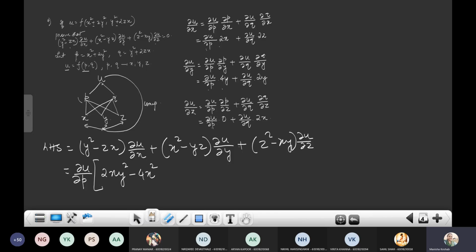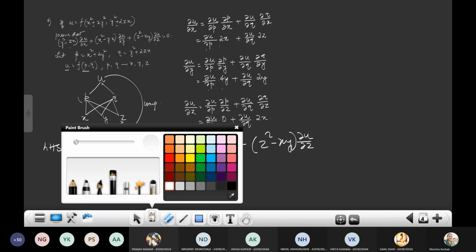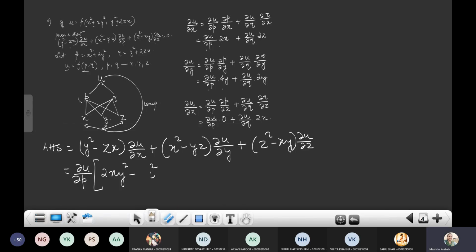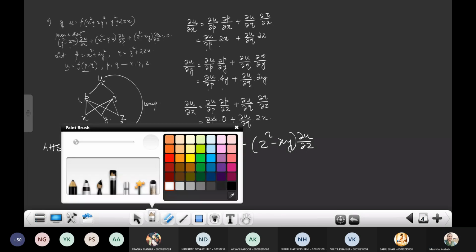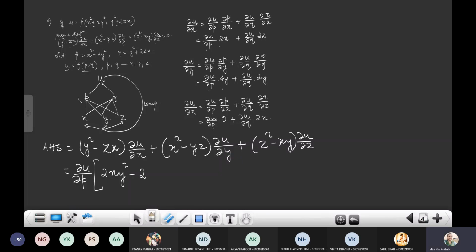Next, from here what will we get? Sorry, this is not this, this is z. This is z and this is 2. So we will get here 2zx² or 2x².